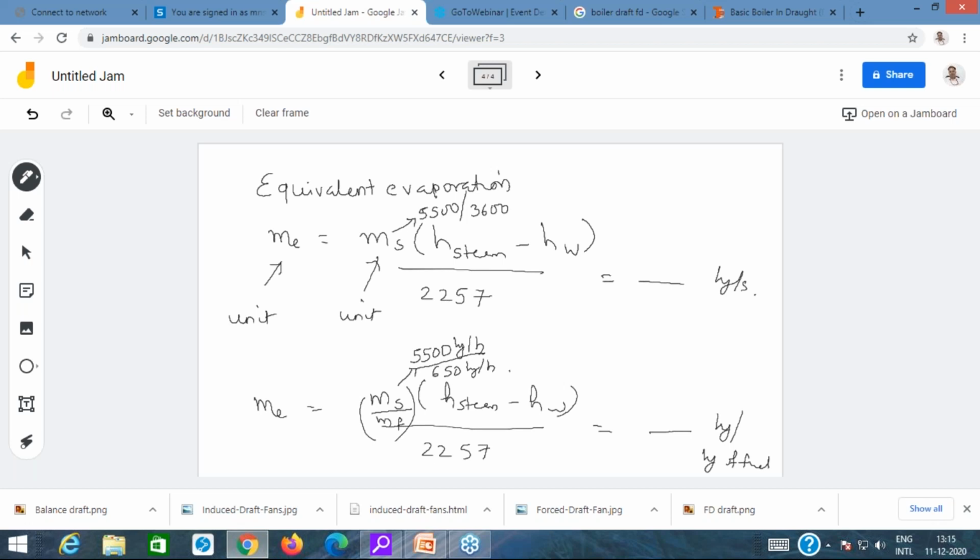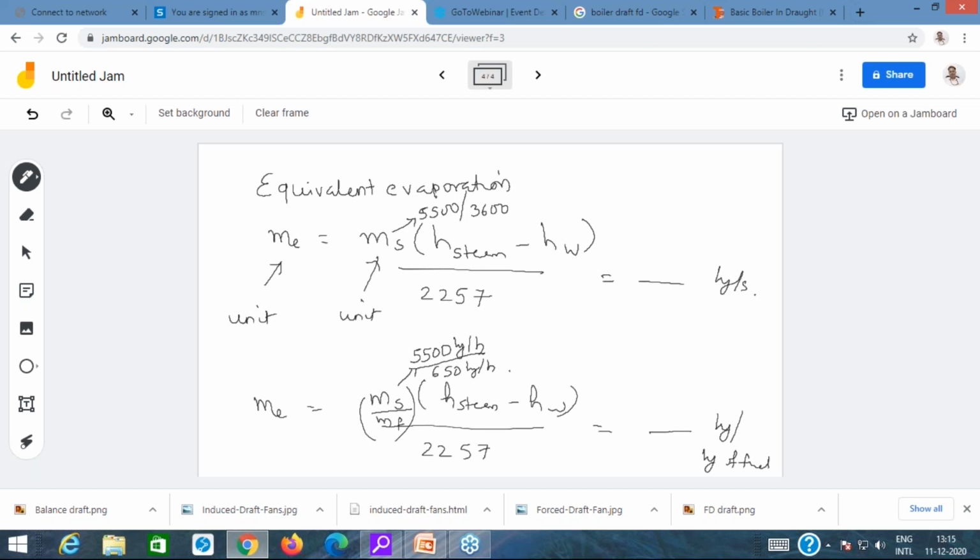So generally, when they ask you equivalent evaporation, they would sometimes say that you express equivalent evaporation in kgs per kg of fuel. Okay. So if that is the case, then the way I had written the expression as expression 2, I am expressing this equivalent evaporation in terms of kgs of steam generated by the equivalent boiler by consuming 1 kg of the coal.